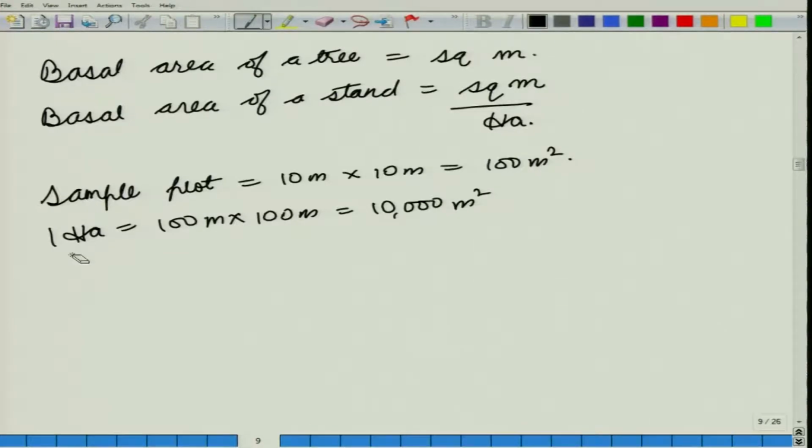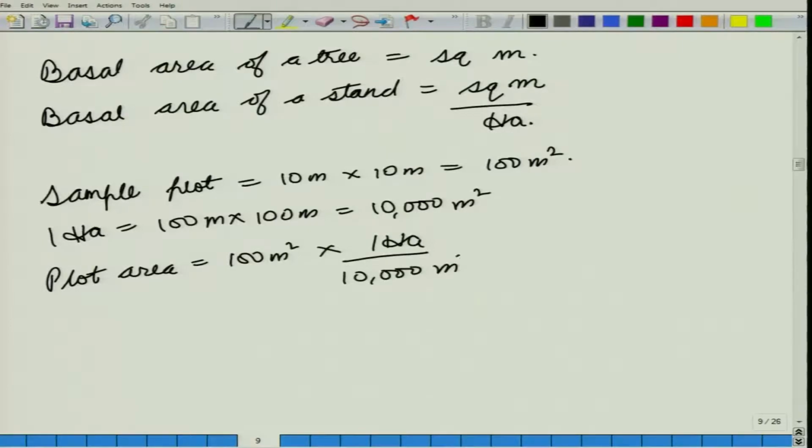So the plot area is 100 square meters multiplied by 1 hectare upon 10,000 square meters. So these get cancelled out, which is equal to 0.01 hectare. That is the area of the sample plot.